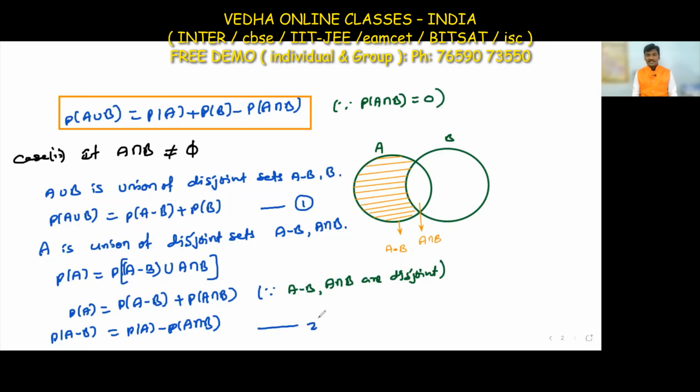Take it as equation number 2 and substitute this probability of A minus B value in equation 1.